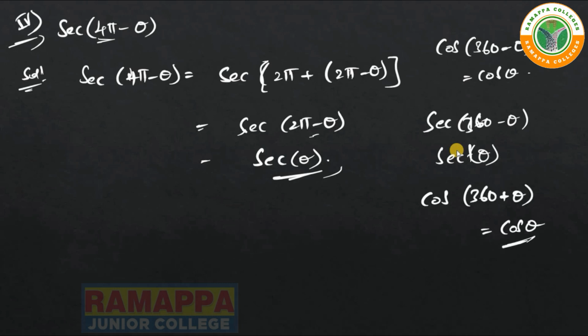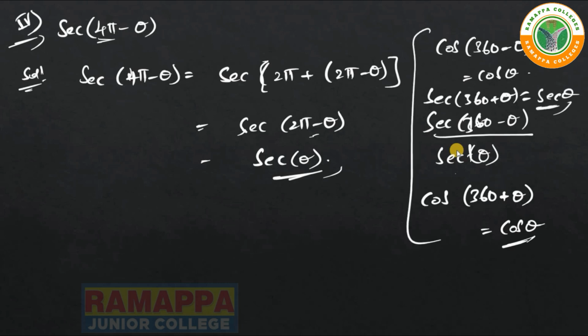So everywhere you do it, cos theta will come, and in the same form secant will also come. Secant 360 plus theta is also secant theta. This is what I have to explain here. These are the formulas. Please write them down in your textbook also, and go and practice more.